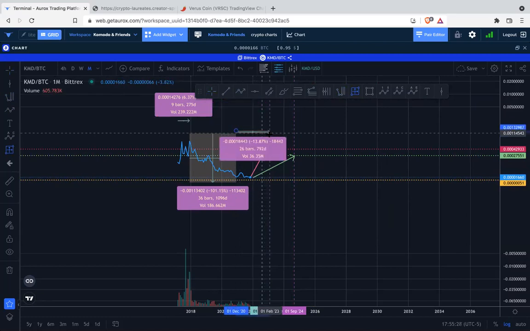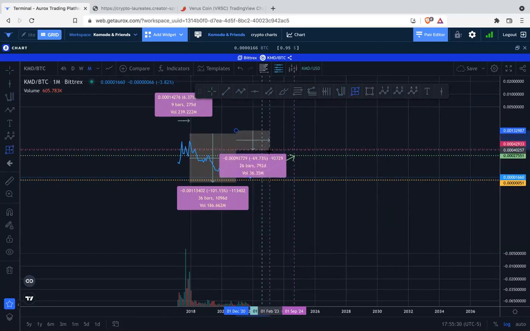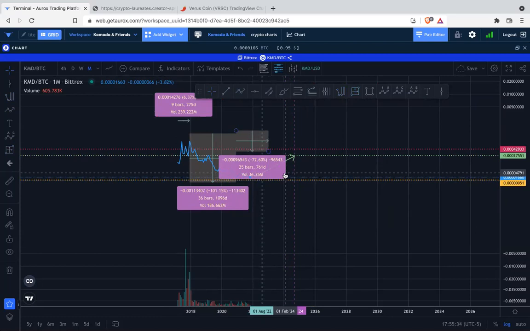There we go. It's around there. So that would be, oh, we're there already. Almost. 2023. Oops. And it takes us roughly to the spring of 2023.